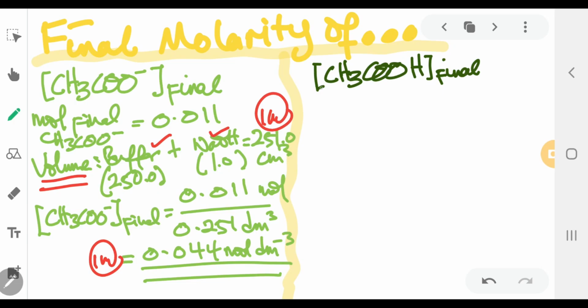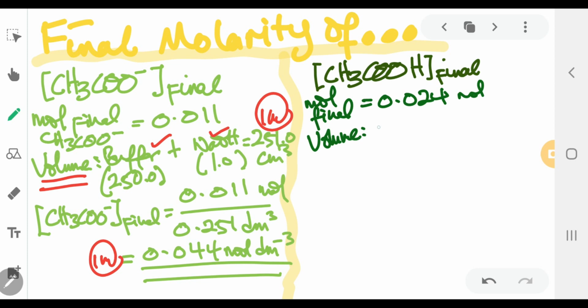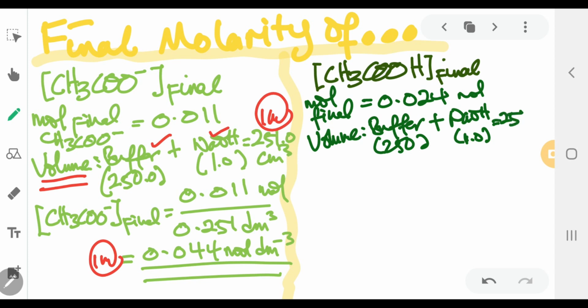For the acid, mole final for the acid is 0.024, and the volume also is buffer plus the NaOH, then you get 251 centimeter cubic.